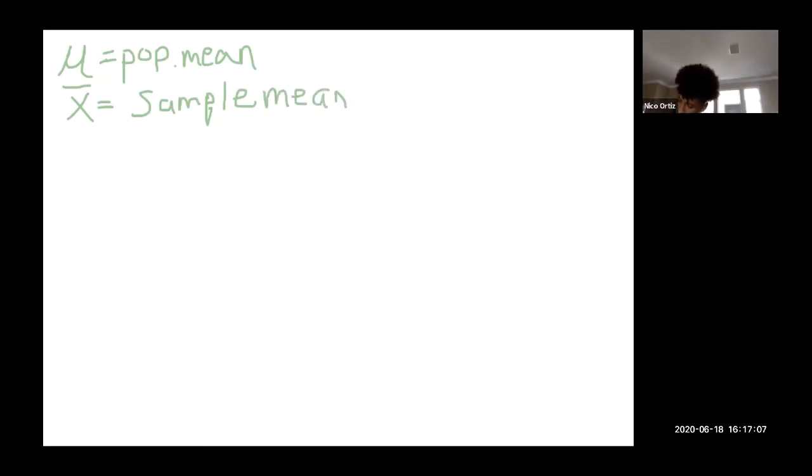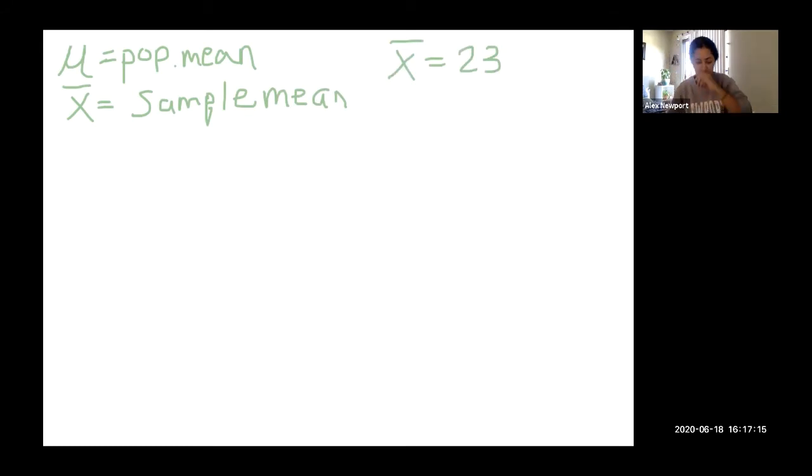Okay, and that's x bar. That's how you find the mean: you just add them up. This means sum, sigma of the x's, and then you divide by n, the number of values you have, the sample size.